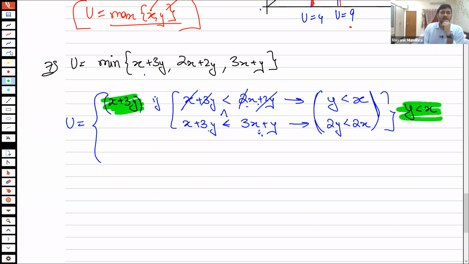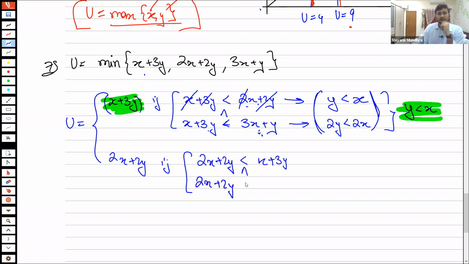Now the reported value would be equal to 2x plus 2y if 2x plus 2y is less than x plus 3y, and 2x plus 2y is less than 3x plus y. Now, when I resolve this thing, it just gives me x less than y.